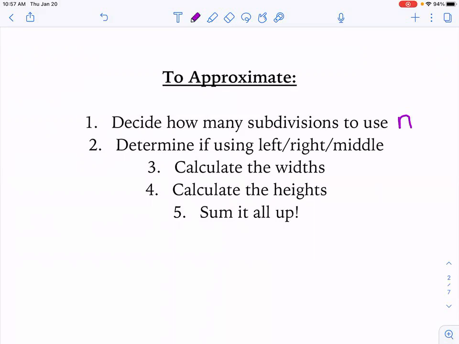The widths of our rectangles, we're going to call delta x. So the change in x is going to be how wide all of our rectangles are. And we're going to calculate that by taking the range of our x values. b minus a, where do we stop minus where do we start, all over the number of rectangles.